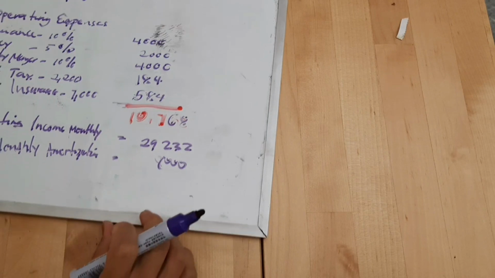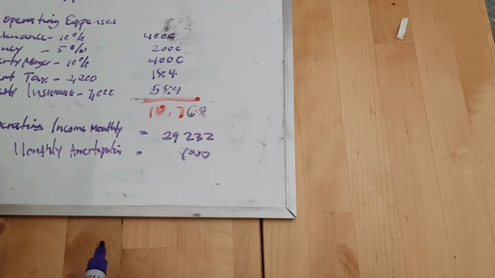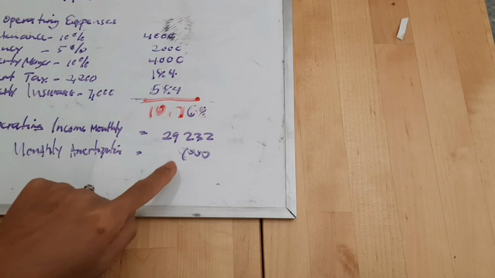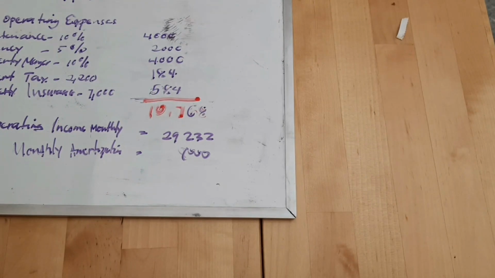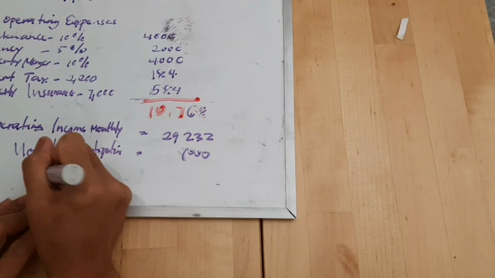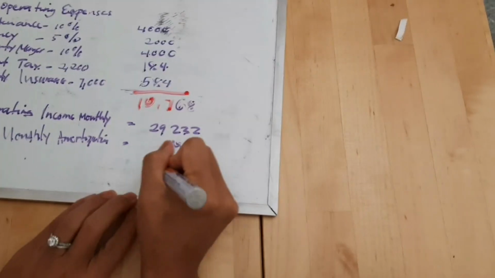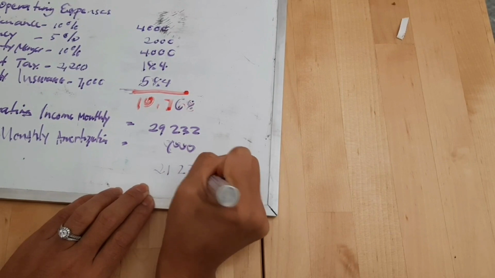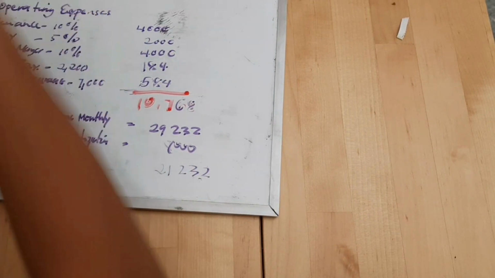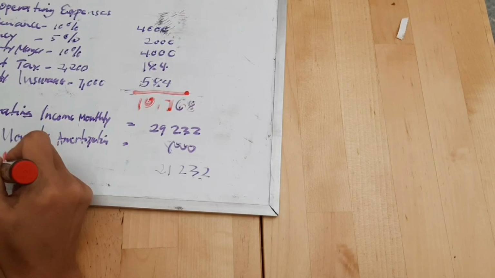So now, for us to get the cash flow, we have to subtract the monthly amortization from your monthly net operating income. So 29,232 minus 8,000 equals 21,232. This is now called cash flow.